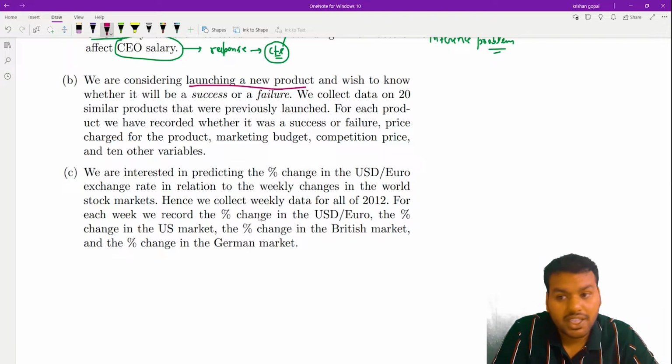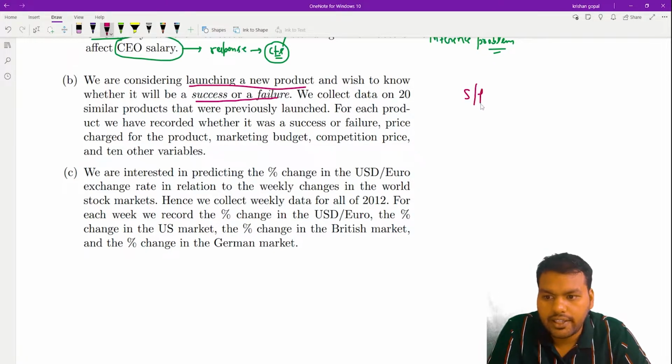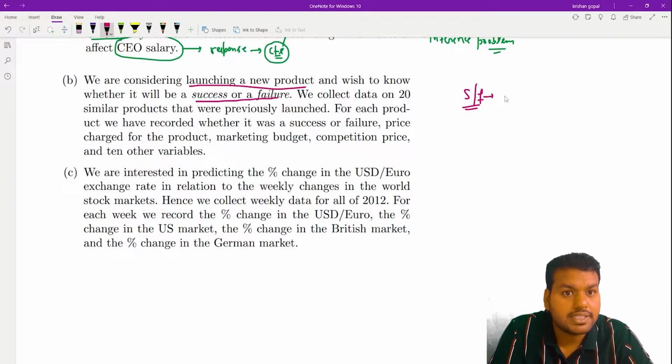So we are launching a new product and wish to know whether it will be a success or failure. Okay, I get my key concept, success and failure. So this is my response variable, either I will get success or failure. So what kind of variable is this? It is discrete, meaning I can count it.